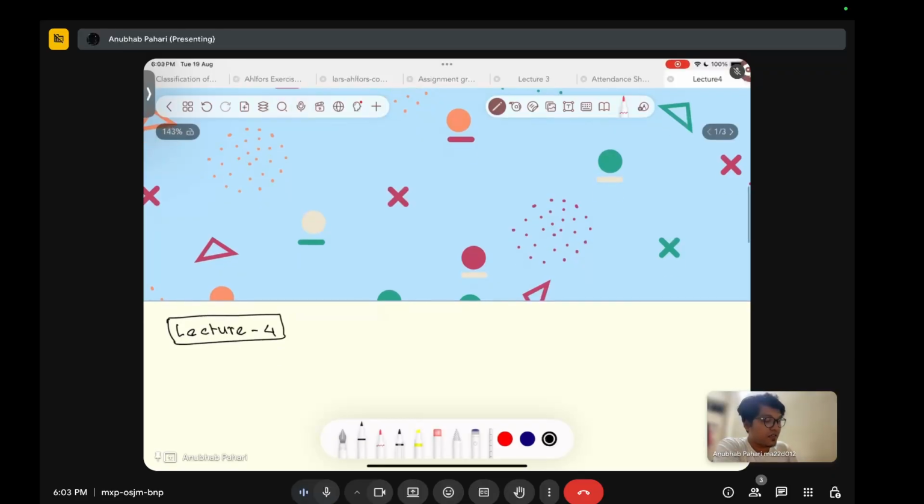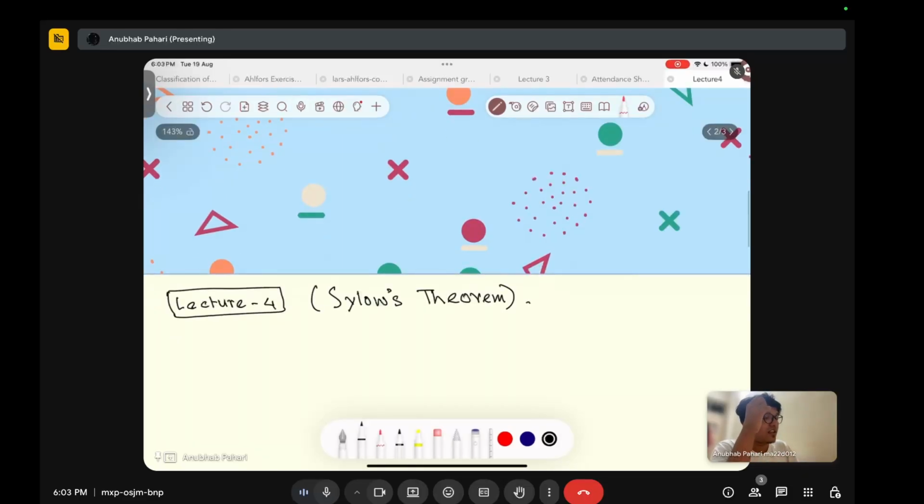today we will be focusing on Silo's theorem. So let's recall what is Silo's theorem.